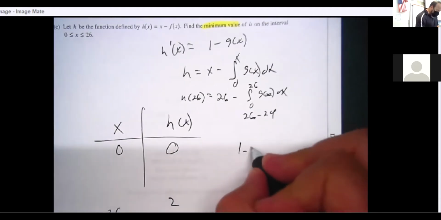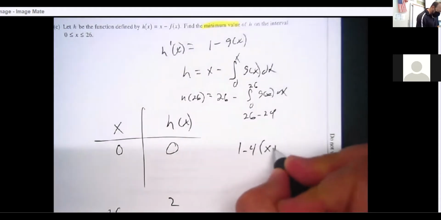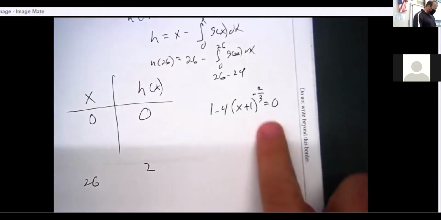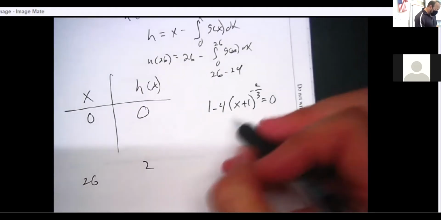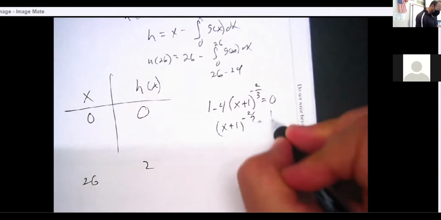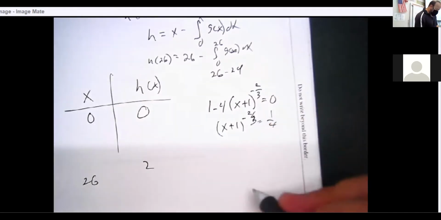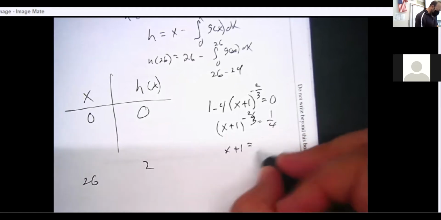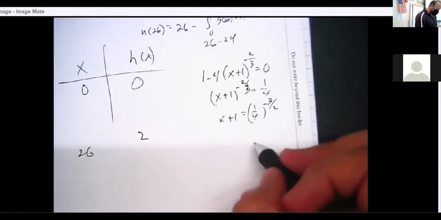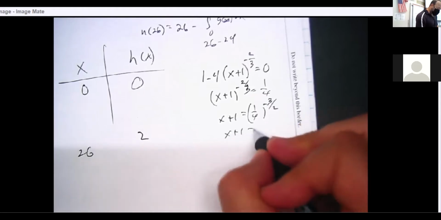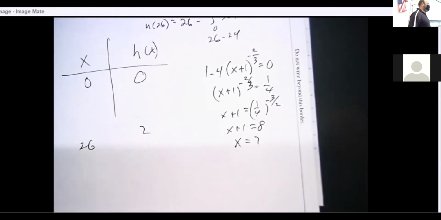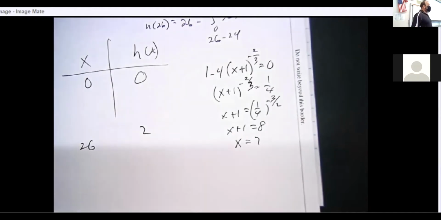So it was 1 minus 4 times x plus 1 to the minus 2/3 is 0, because we already did the derivative earlier. That is x plus 1 to the minus 2/3 is equal to 1/4. That's x plus 1 is equal to 1/4 to the negative 3/2, which turns out to be 8, and x is then 7.